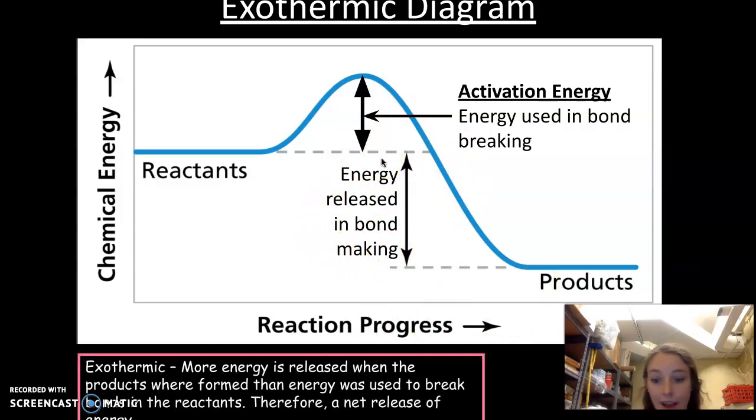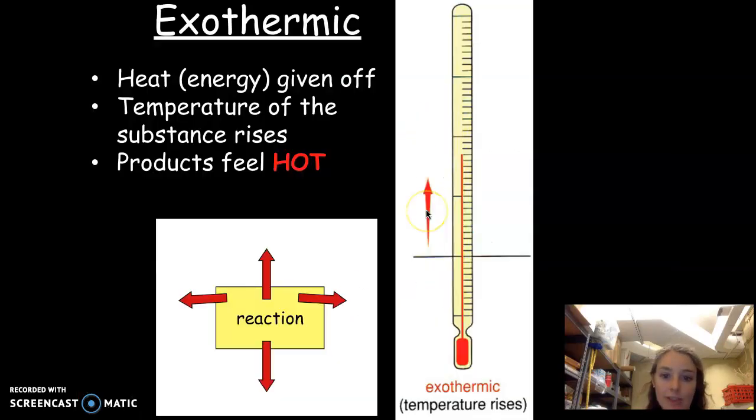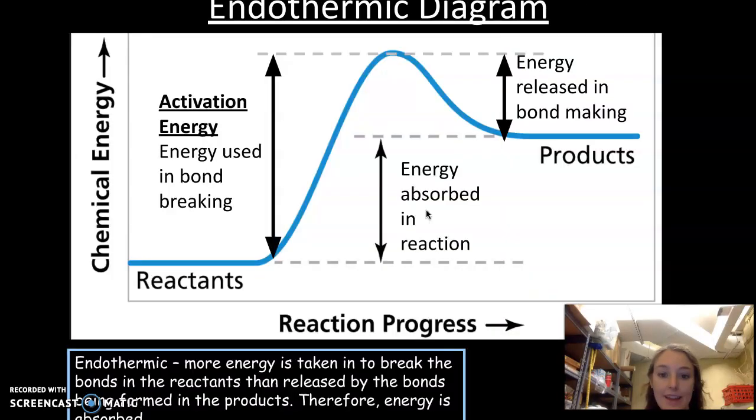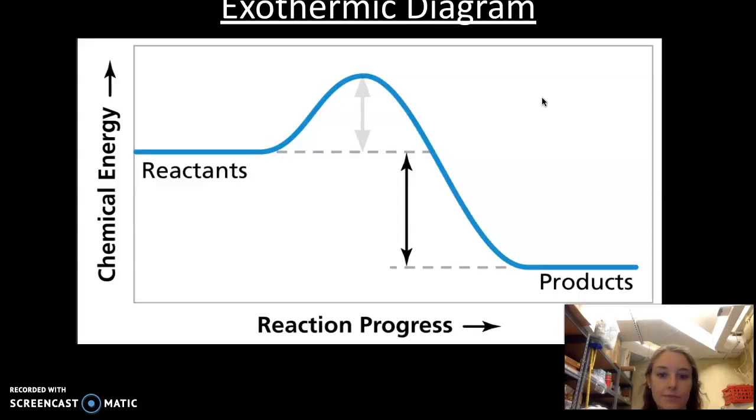So we see that in exothermic, more energy is released when the products were formed than energy was used to break the bonds in the reactants. Therefore, a net release of energy. We have more energy being released. So again, we see how that's different than this graph, where we have less energy.